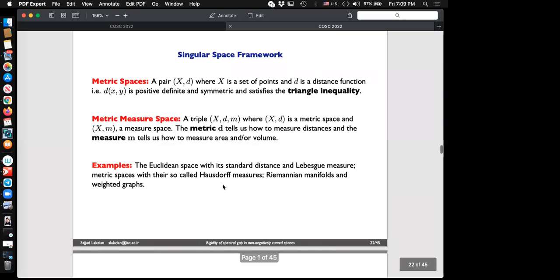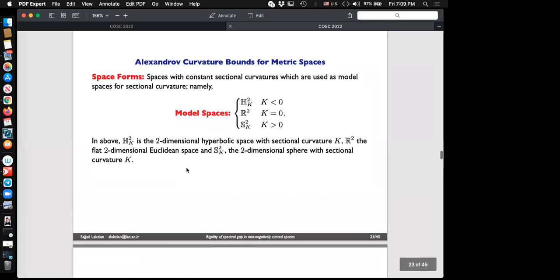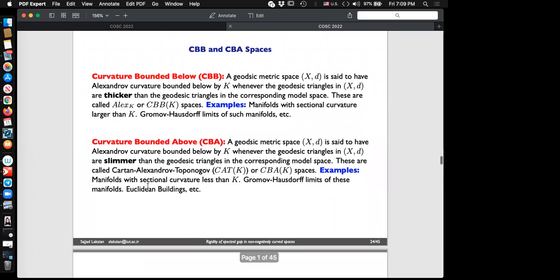So let's talk about the singular framework for a bit. Everybody knows about metric spaces, metric measure spaces, and if you want to talk about weak notions of curvature, you need model spaces, which are your space forms. Then you can talk about spaces with weak sectional curvature bounded below or bounded above, which would be Alexandrov spaces or CAT spaces, Cartan-Alexandrov-Toponogov spaces, or some people call all of these Alexandrov bounds.